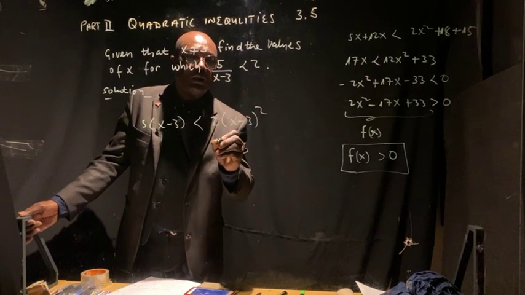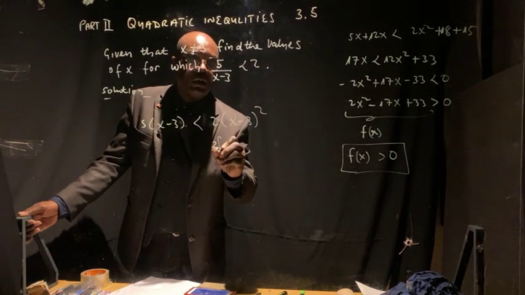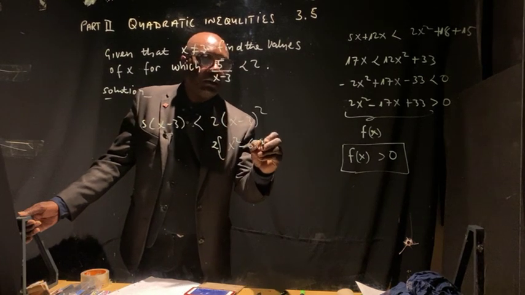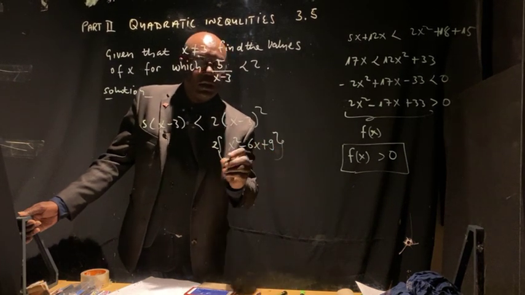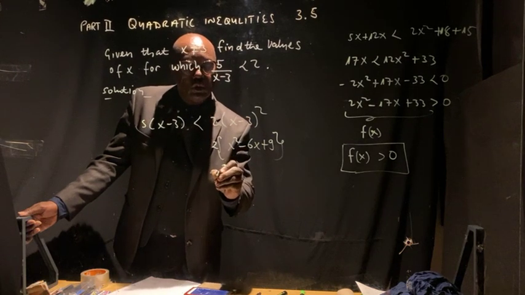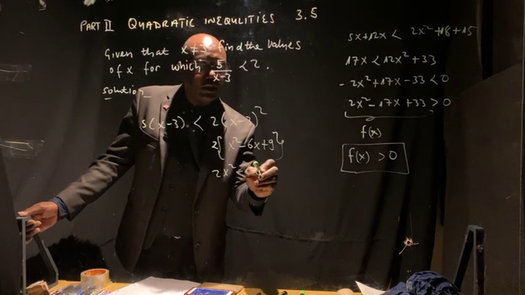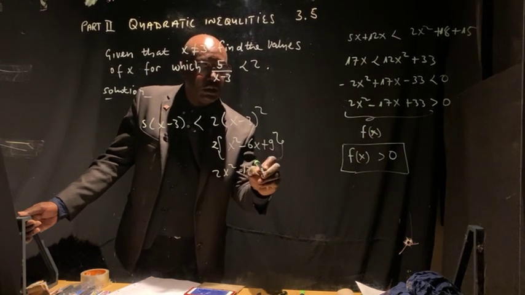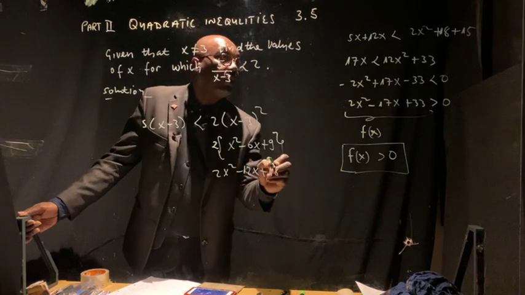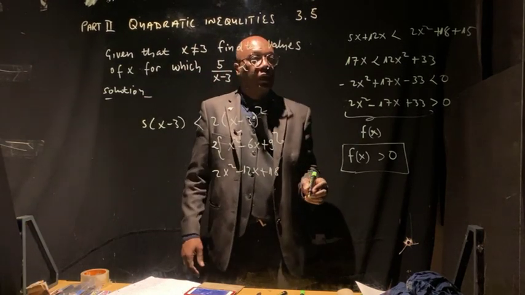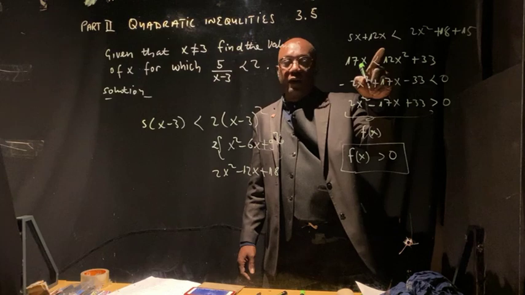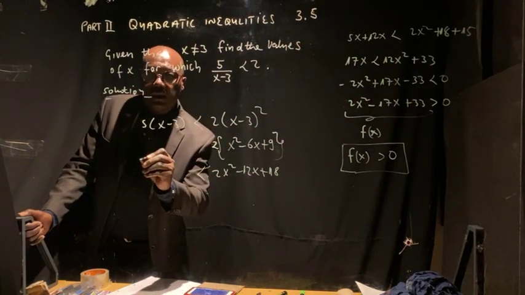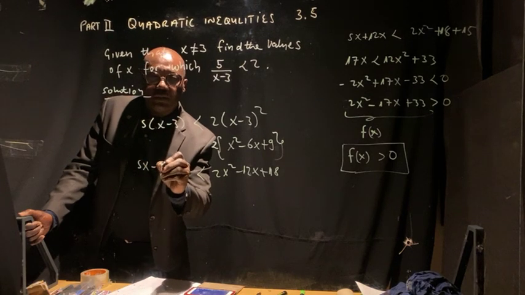And this one becomes 2 here, x squared minus 6x plus 9, and this one will become 2x squared minus 6x minus 12x plus 18. So this one was not 12x squared, and this is 5x minus 15.